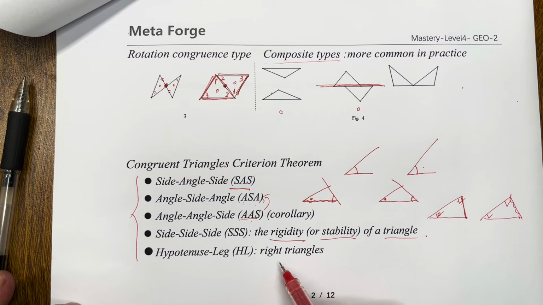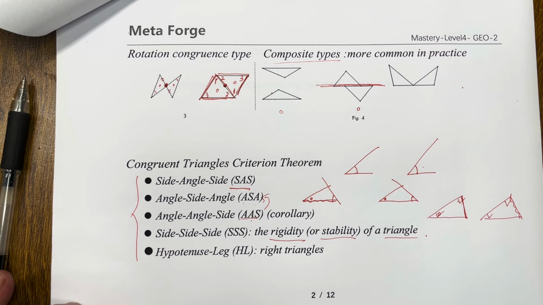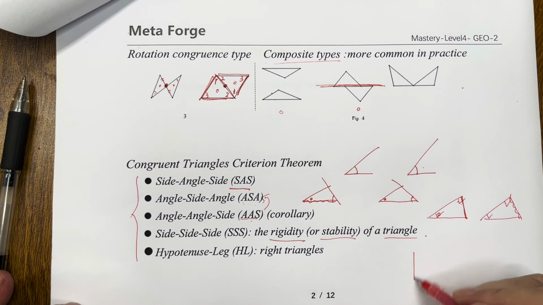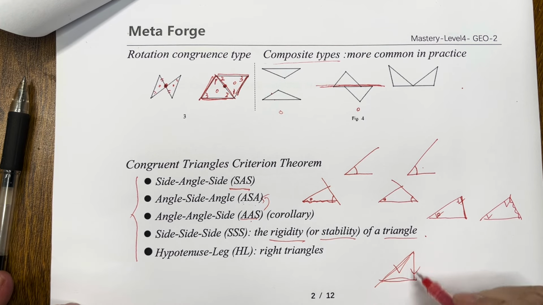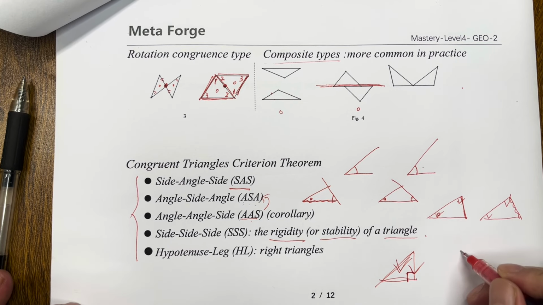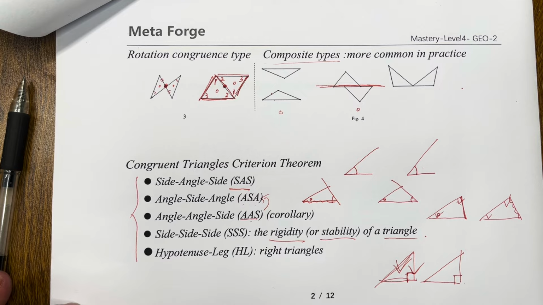If two triangles have hypotenuse and one leg equal, hypotenuse and one leg, just need two sides because the right angle, the angle of 90, is equal. Okay.